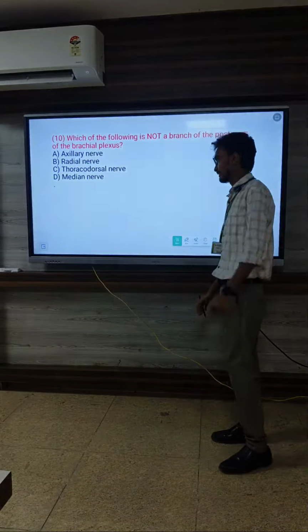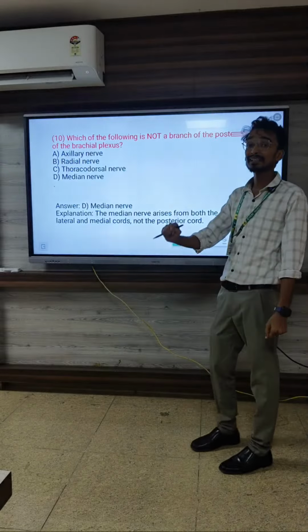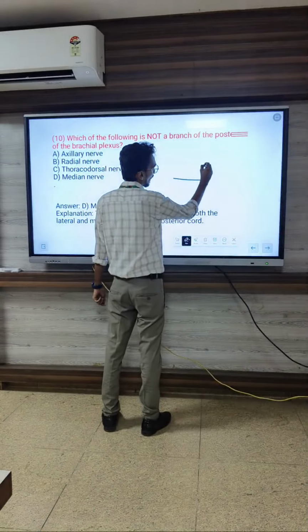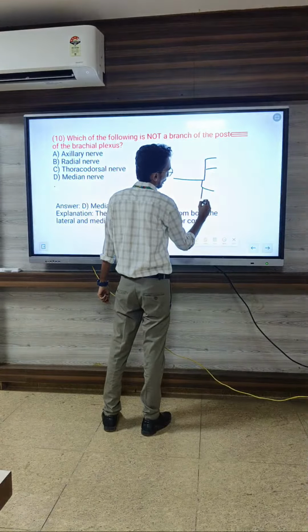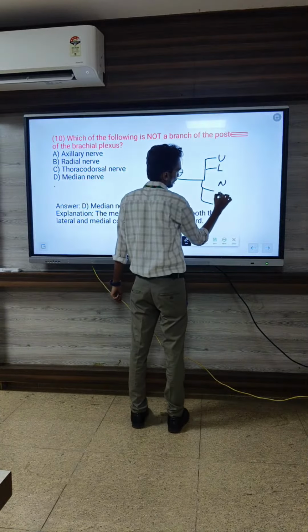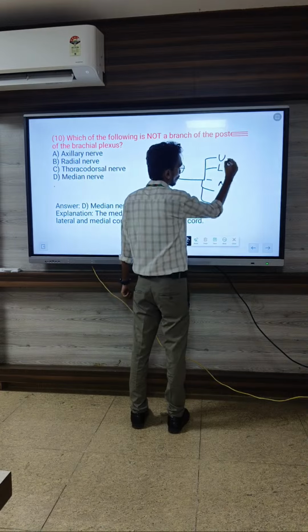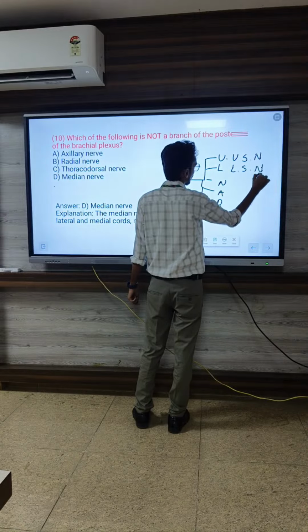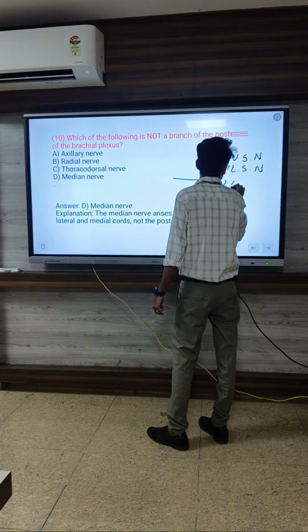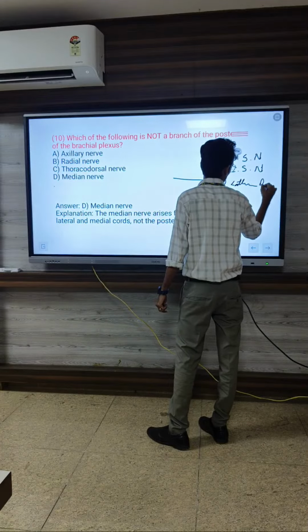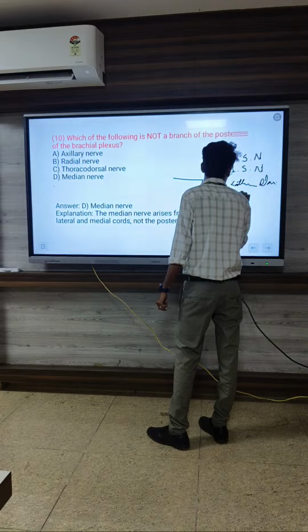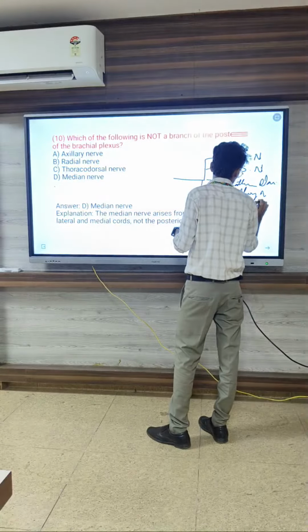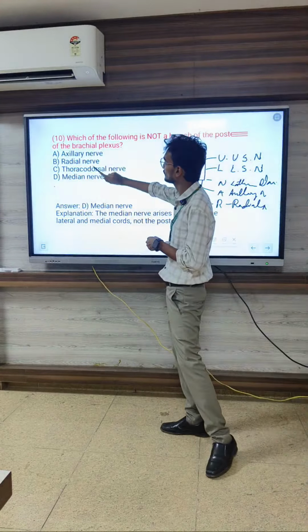Okay, let's have a glance at the answer. The answer is the median nerve. Generally, for the posterior cord, the branches are the upper subscapular nerve, lower subscapular nerve, then the nerve to latissimus dorsi, the axillary nerve, and the radial nerve.